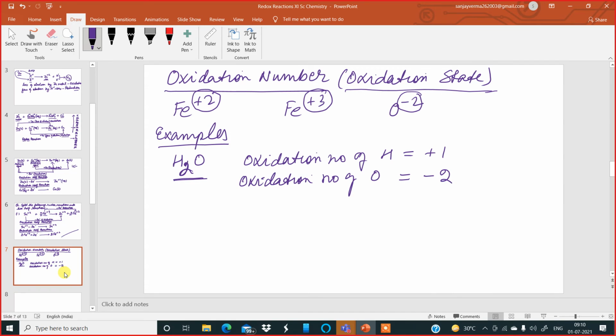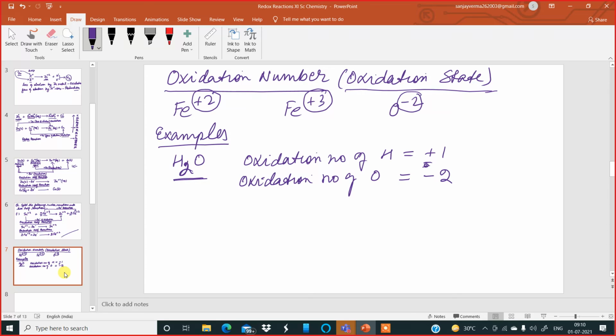The valency which you learned in classes 8, 9, 10, those charges are called the respective oxidation numbers, with their respective sign, plus or minus. Are you getting it? So from the formula, the oxidation number of hydrogen is plus 1, and of oxygen is minus 2.